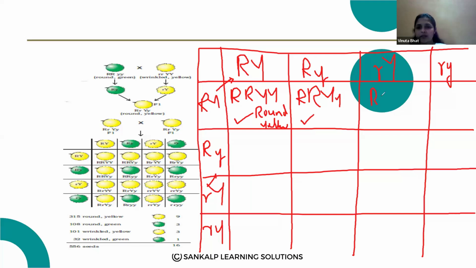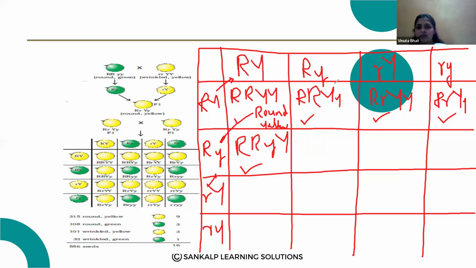Then capital R, small y, capital Y, that is also round yellow. And capital R, small r, capital Y, small y, that is also round yellow. Then next one, capital R. So this with the first row, capital R, capital R, small y, capital Y. So that is also round yellow seeds.